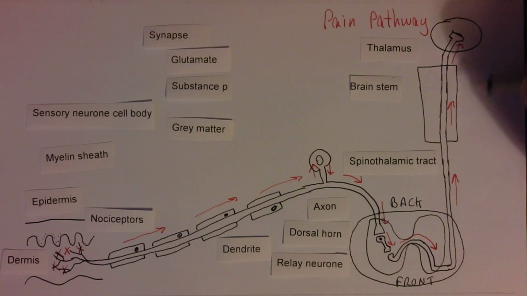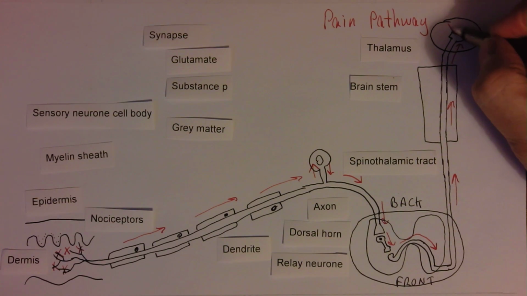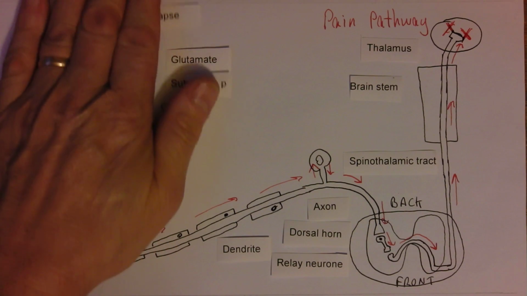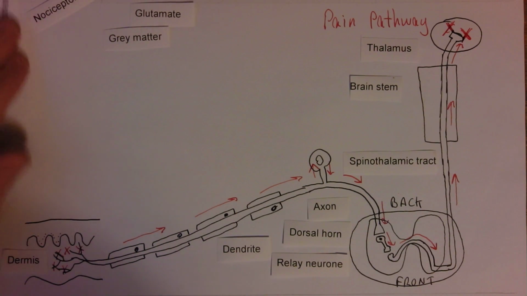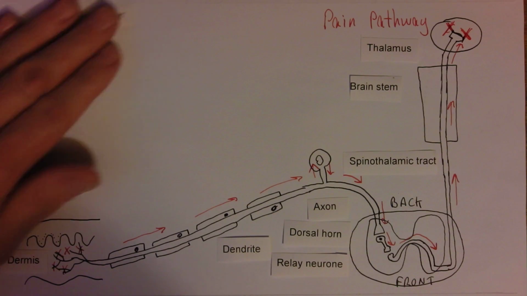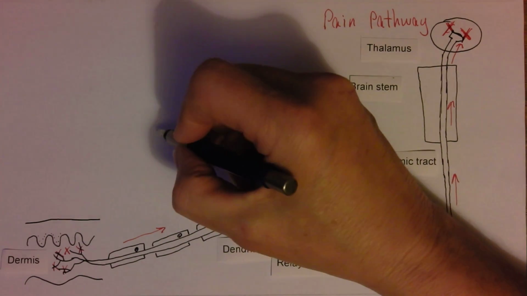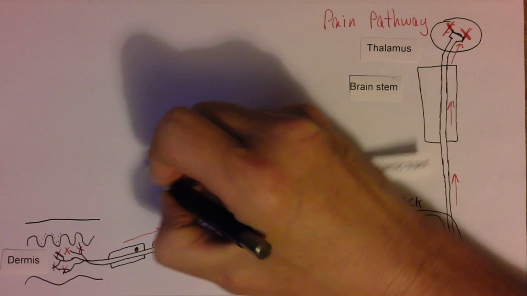And what happens is when this pain impulse reaches the thalamus it generates a pain. So the pain and the suffering is actually generated by the thalamus. So here we need to move now. So here's the brain stem.